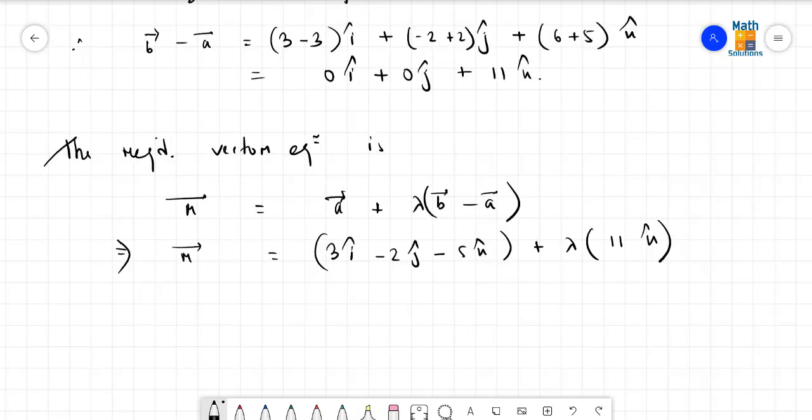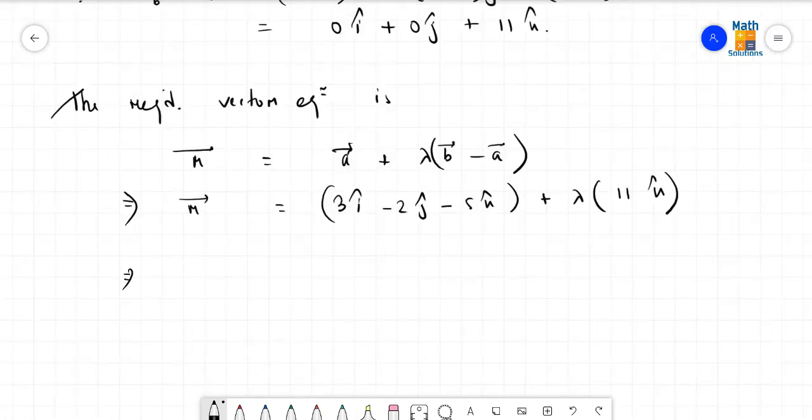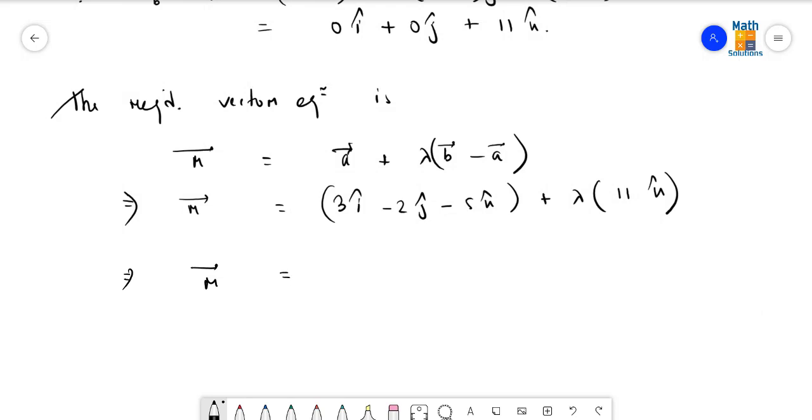After this, if we want, we can write vector r is equal to 3 i cap minus 2 j cap plus (11 lambda minus 5) k cap. So this is the way we can write down our answer, keeping i cap, j cap, k cap separate.